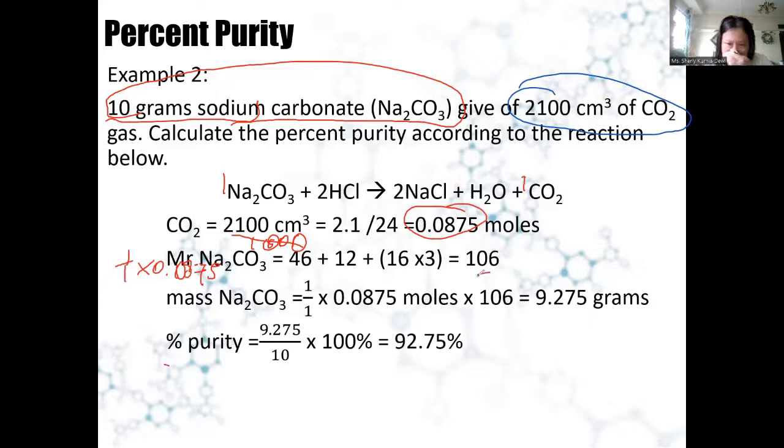We multiply it by the Mr of sodium carbonate to get the grams. This is the actual amount that reacted, and this is what we have. So we can calculate the purity, 92.75%. But for medicine you need a purity of up to 99%, and for specific medicine maybe higher. But for other uses, it is okay if it's not too pure.